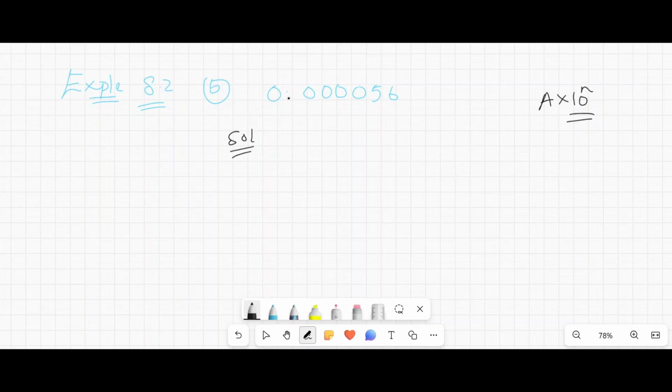How many places you move decides what n will be. So 0.0000056, move this decimal towards the right side: 1, 2, 3, 4 and 5. So this will become 5.6 into 10 raised to power minus 5.